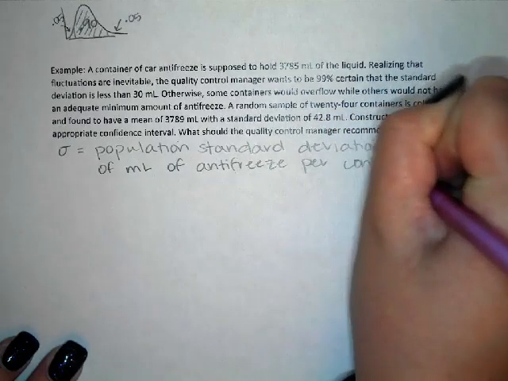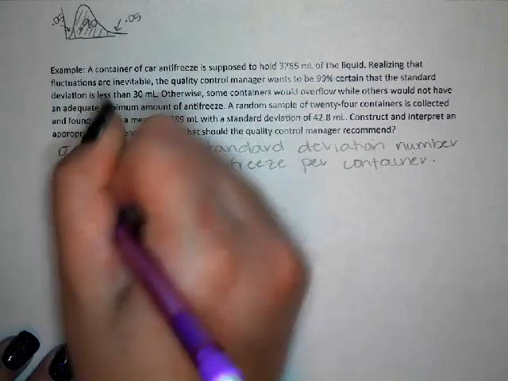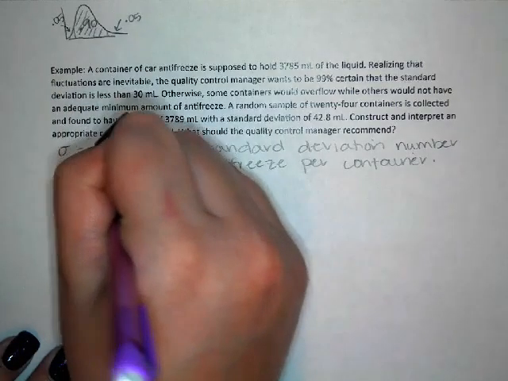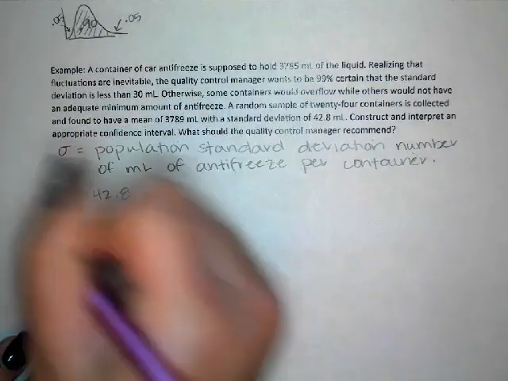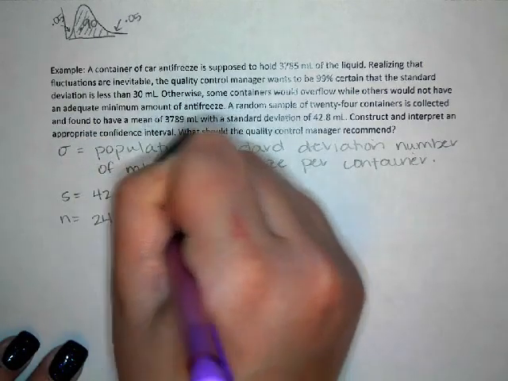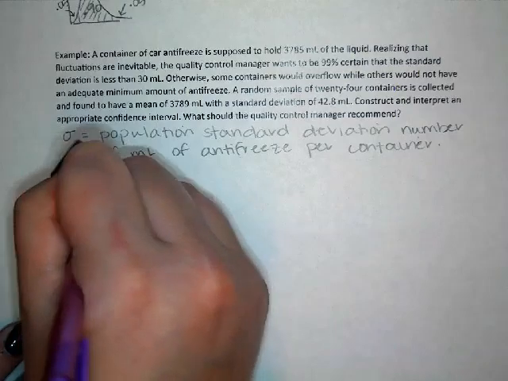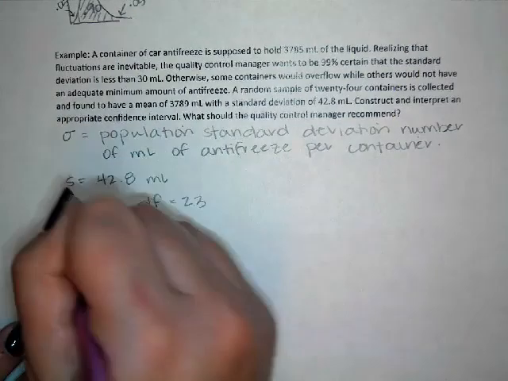The standard deviation is 42.8 milliliters. The sample size was 24, so the degree of freedom is 23. And then we need our chi-square, the left and the right critical numbers.